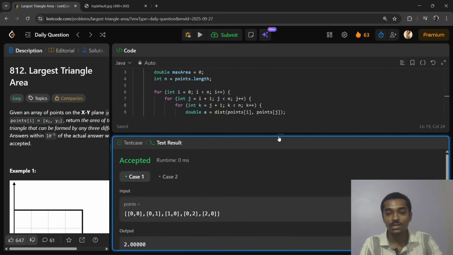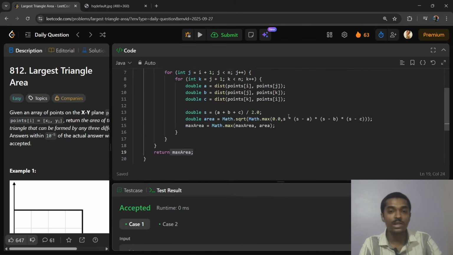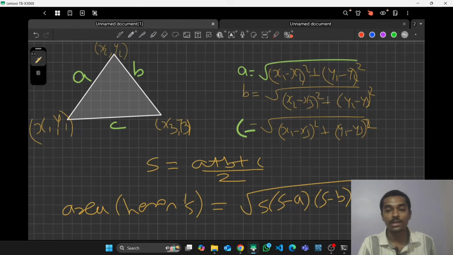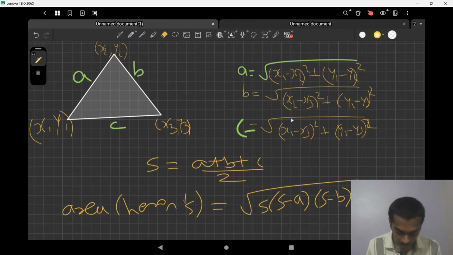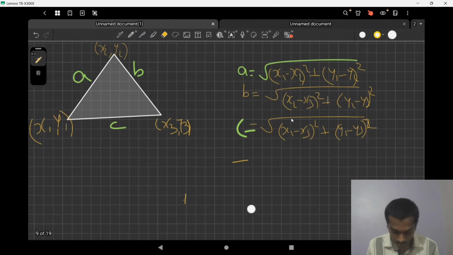Now let's discuss the Shoelace formula. There is also one formula, the Shoelace formula. What does the Shoelace formula say?